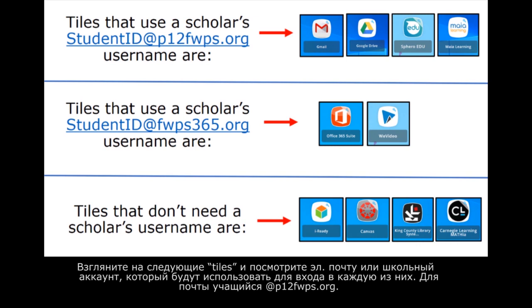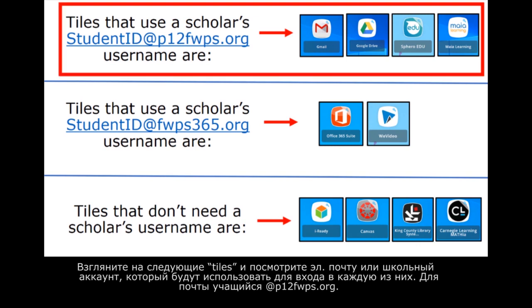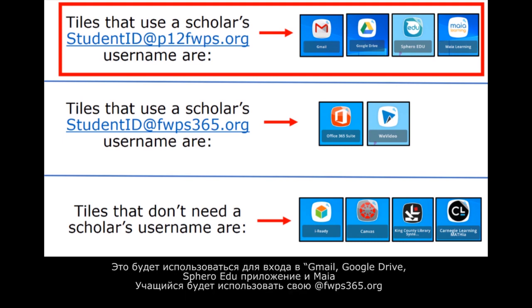Take a look at the following tiles and what emails or scholar accounts would be used to sign into each of them. For a scholar's p12fwps.org email, that would be used to sign into things like Gmail, Google Drive, Sphero EDU app, and Maya Learning.